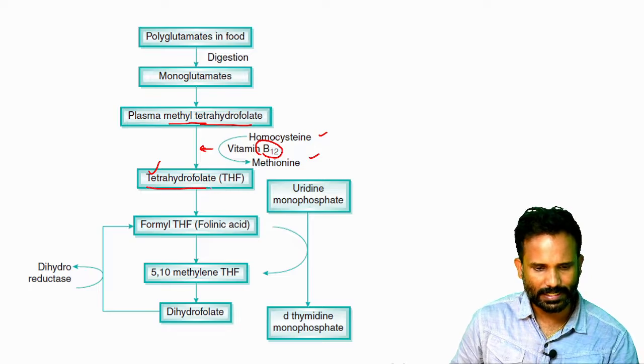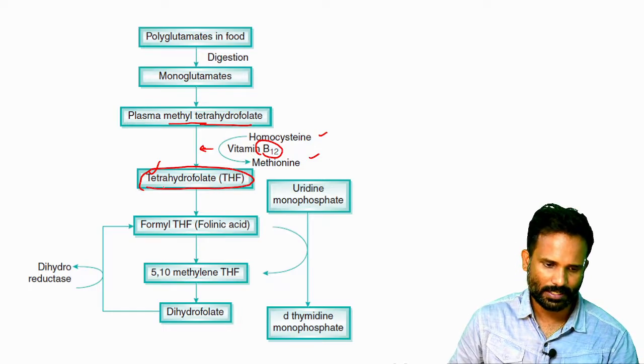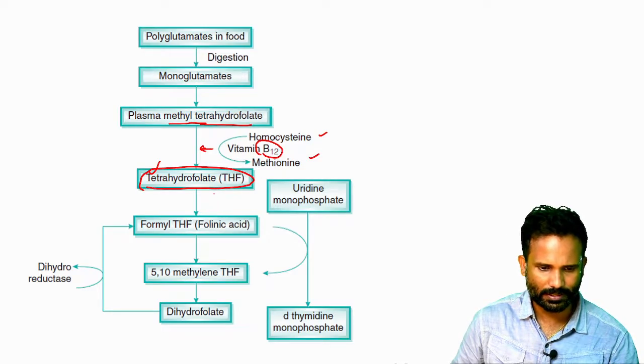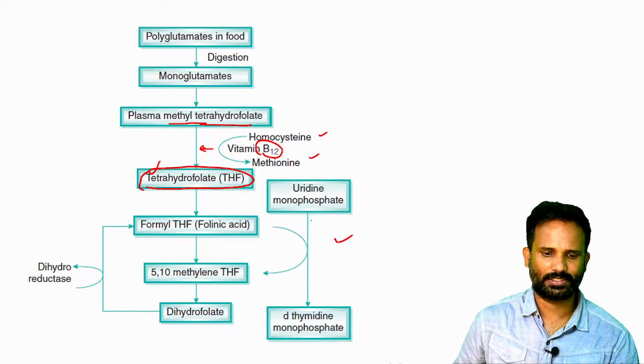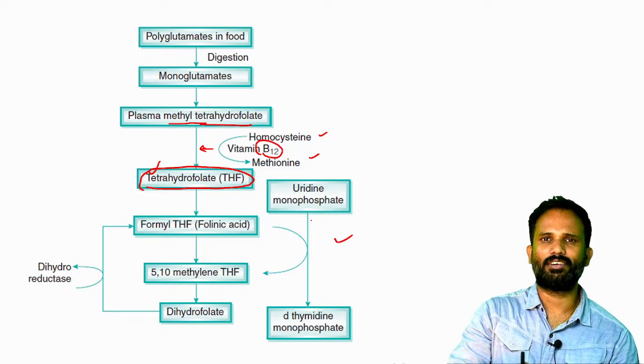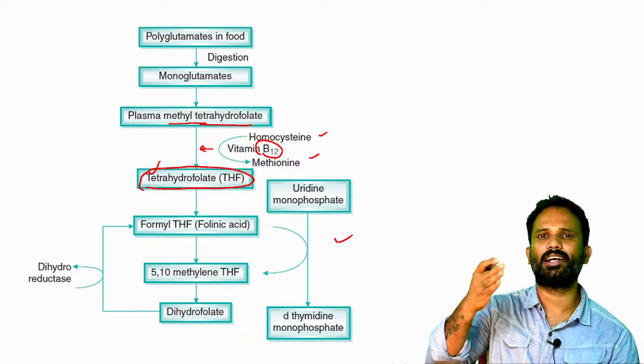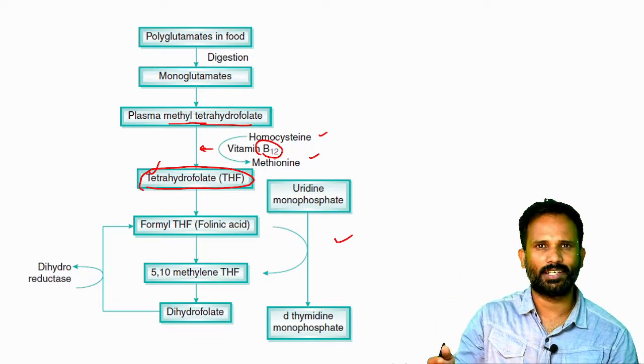So tetrahydrofolate is formed. Now this tetrahydrofolate is required for the synthesis of nucleotides. So B12 is required for the formation of tetrahydrofolate and tetrahydrofolate is required for the formation of nucleotides, and this causes the division of the cell.